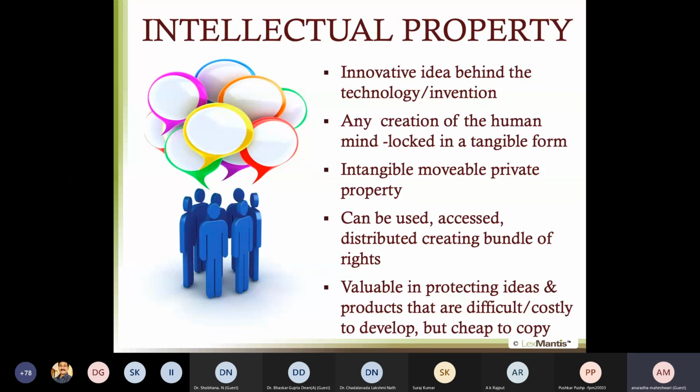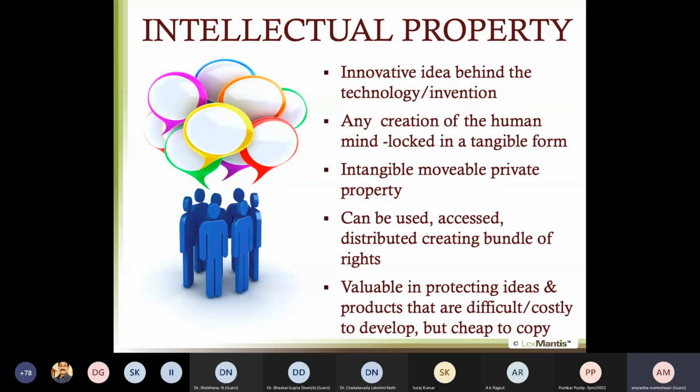Let me put it this way, the idea seems capable of propagation. The idea seems capable of distribution. The idea seems capable of selling. Selling forms a core component of a valuable idea.